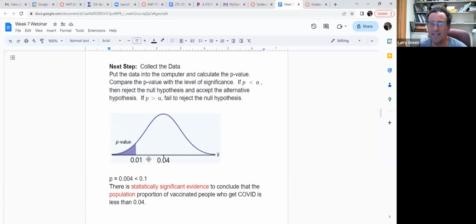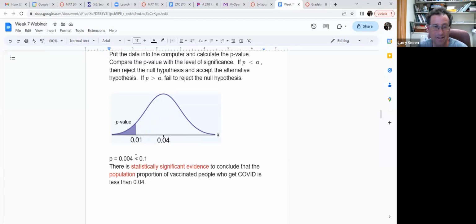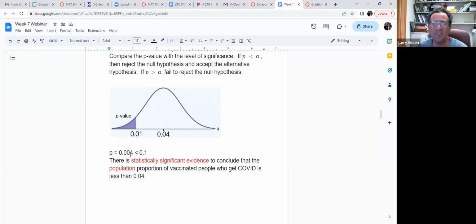So then what they did is they found out that 0.01 is what they got, and the p-value turned out to be 0.004. By the way, 1% of vaccinated people got COVID in this test sample. The area left of that was 0.004.